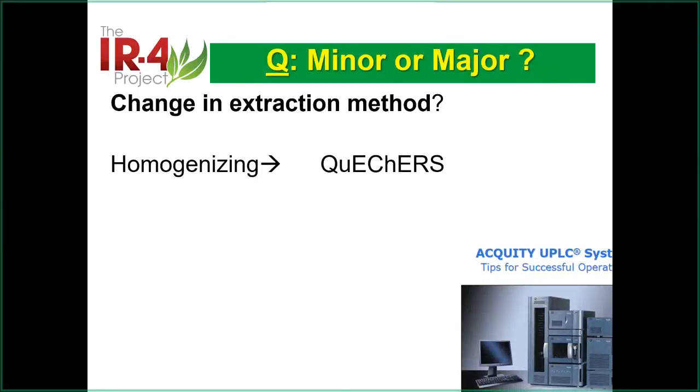Most likely, this is not good, but talk to the study director. For example, in our mitigation work now, we decided to use QuEChERS, but some of the old methods you have may not use that. So the quick answer is no. But talk to the study director.